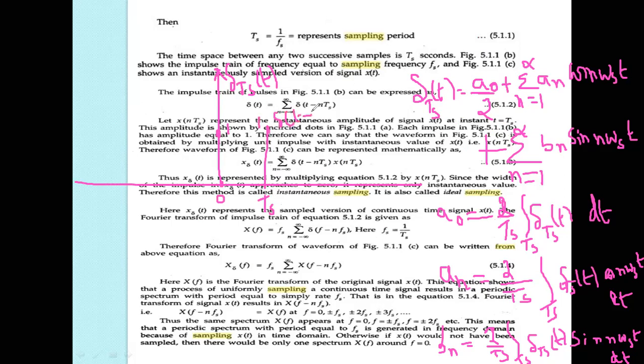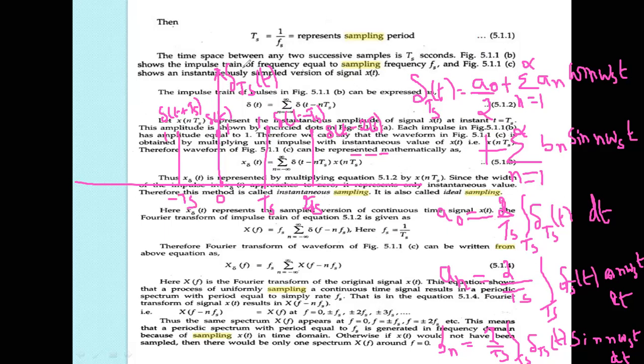Delta of t minus Ts, and at the origin the function is delta of t. At 2Ts, the magnitude is 1, but it is delta of t minus 2Ts, and so on. Coming to the left-hand side, at minus Ts the magnitude is 1. What is the delta function here? Delta of t plus Ts.